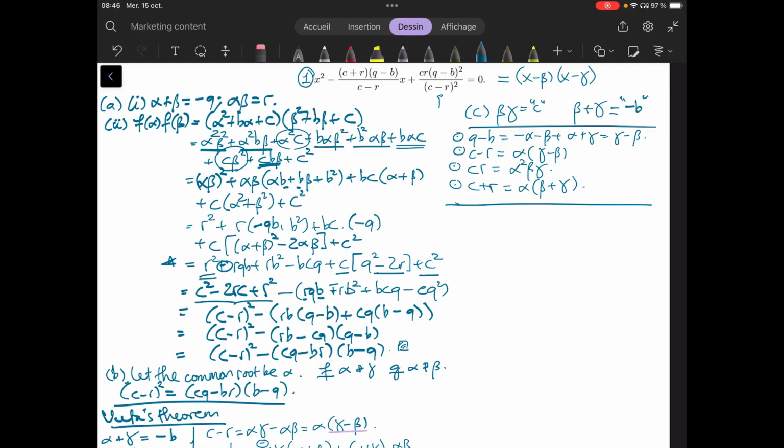So, how do we get beta gamma from here? Let's just say, consider cr times q minus b squared divided by c minus r squared. cr, q minus b squared, c minus r squared. Those are equal. We are left with beta gamma.